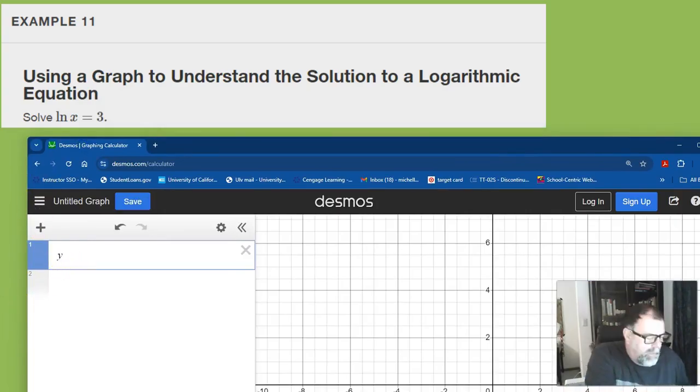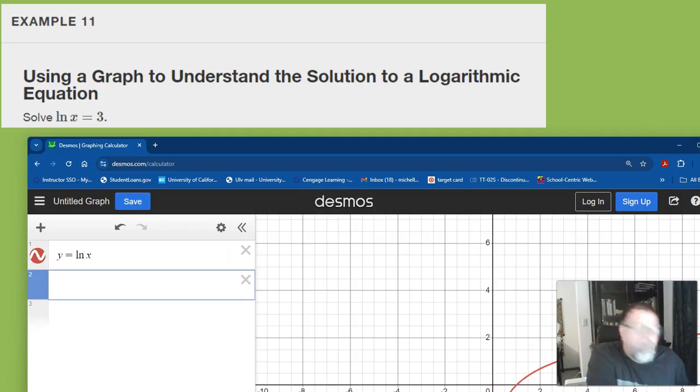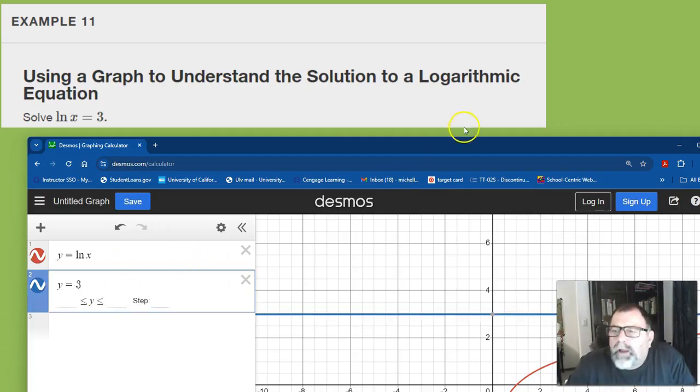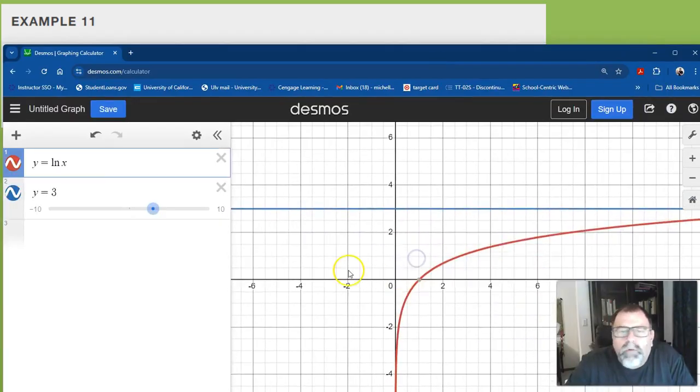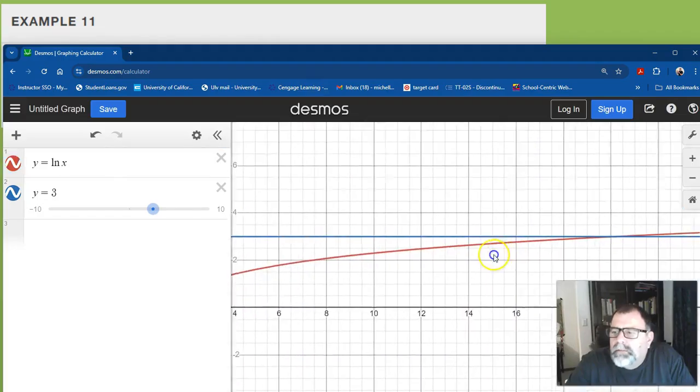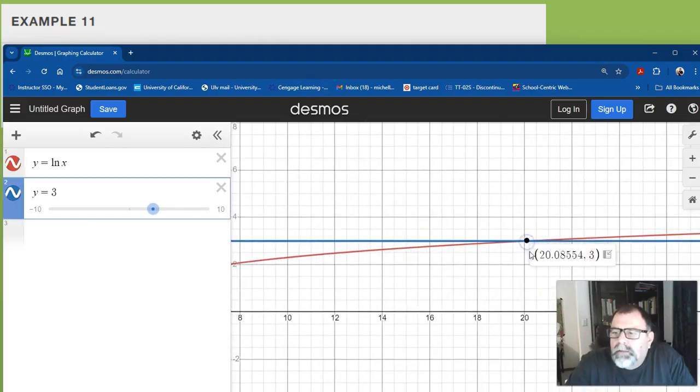So we do y equals ln of x, and then we do y equals 3, and we get both graphs. So let's see here, and then we're going to look for where they intersect, and you just click.